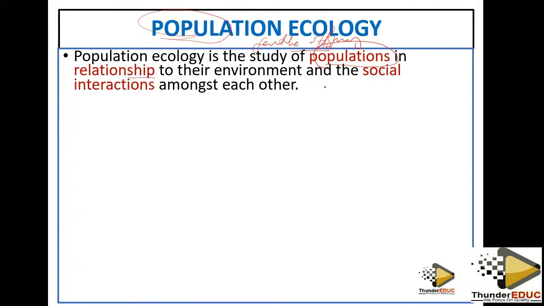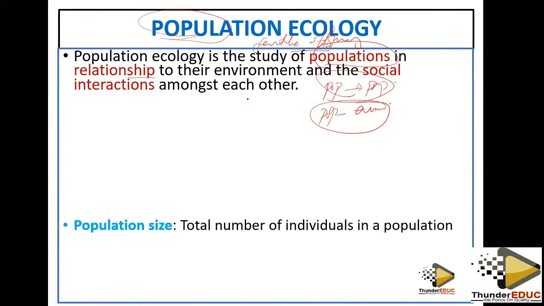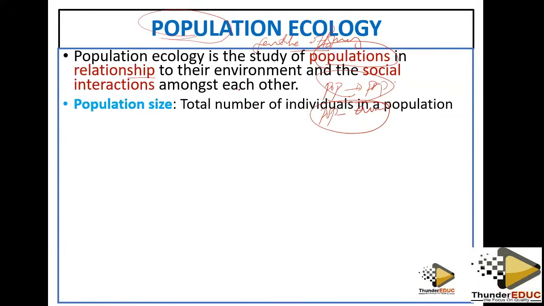Between a population and another population, and then a population with its environment. The interaction does not stop there, plus its environment. Hence, you come up with population ecology. So, population size is going to be determined by the individuals.